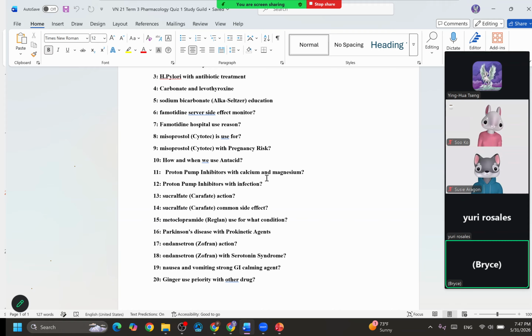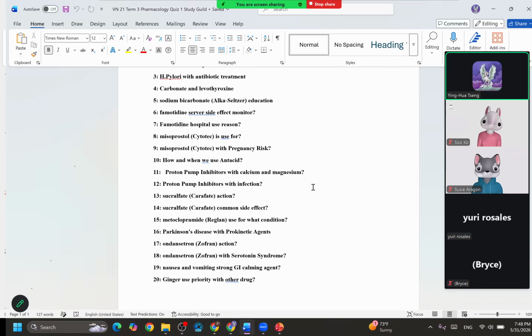Not gastric ulcer, but NSAID, like the patient using long-term aspirin, naproxen, or ibuprofen. These NSAID medications cause the ulcer. So that's why Cytotec can treat this NSAID ulcer very well. This is their very special treatment.